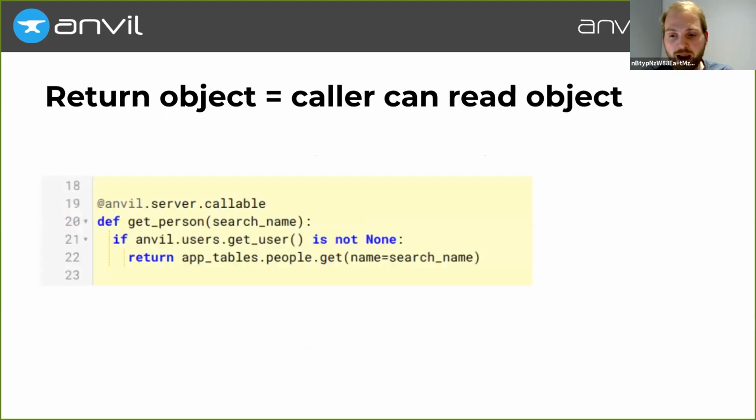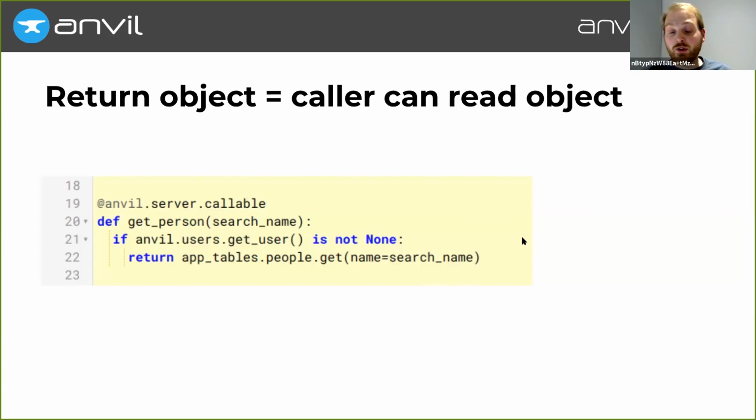So this is how it looks in practice. Again, as a general match to the intuition of passing things around, if you return something, that just means the caller can read it. So here's an example of some code where it's a server function that is passed in a name. It checks whether there's a logged in user.